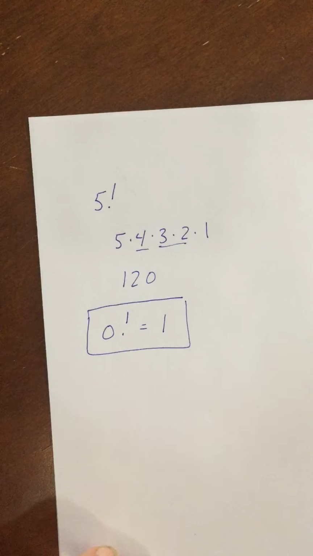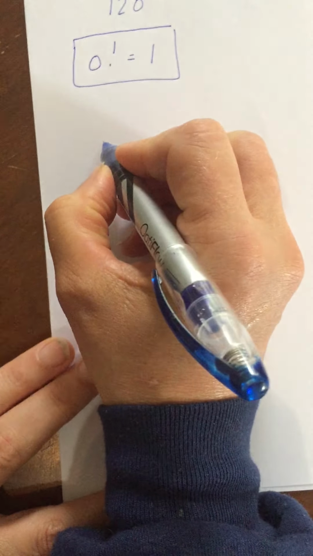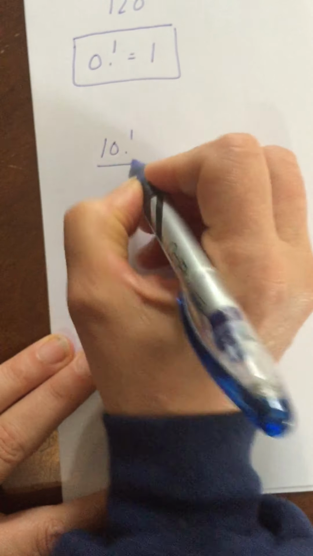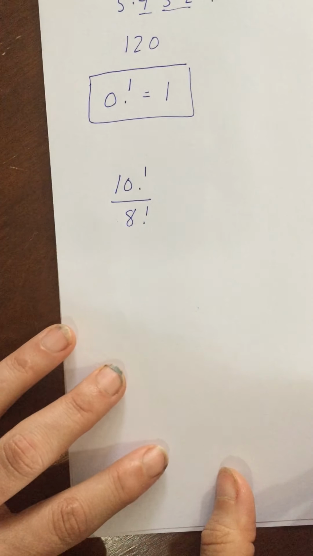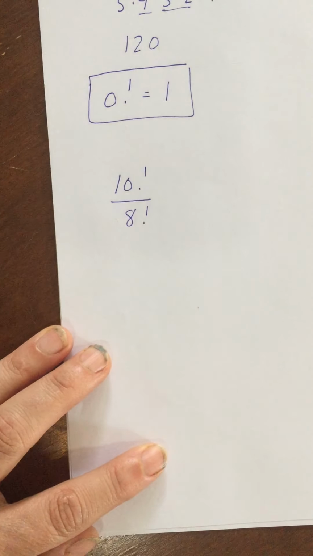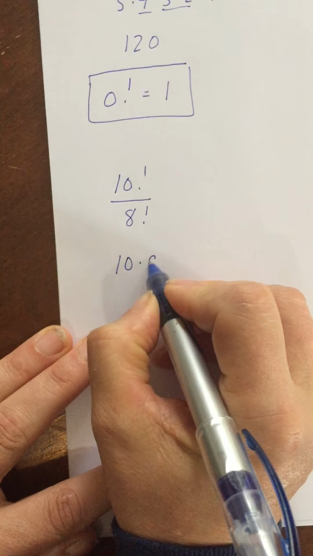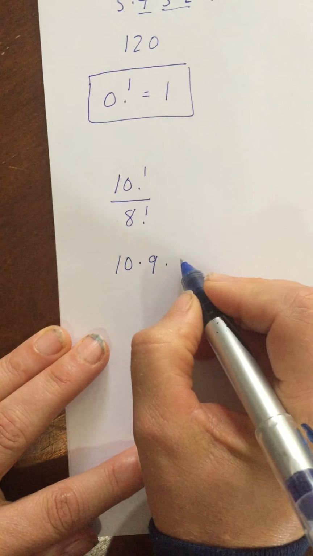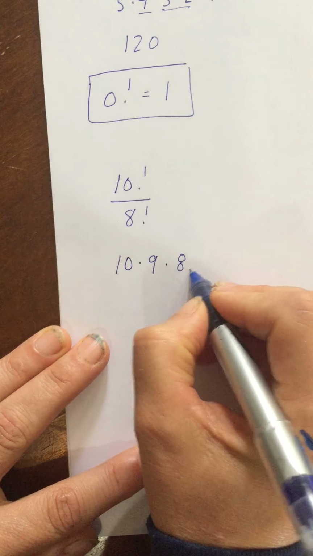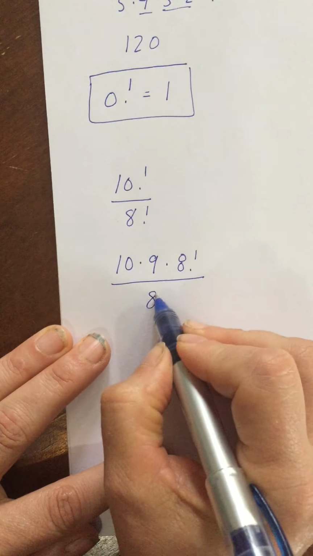Okay, so let's work on simplifying factorials. Let's say that we have, for instance, 10 factorial over 8 factorial. There's a couple different ways you could do this, but I think it's best to apply minimum effort, which would be to do something like 10 times 9. Instead of writing the numbers 8 on down, I could just write 8 factorial to represent the numbers 8 on down, and then over the 8 factorial.